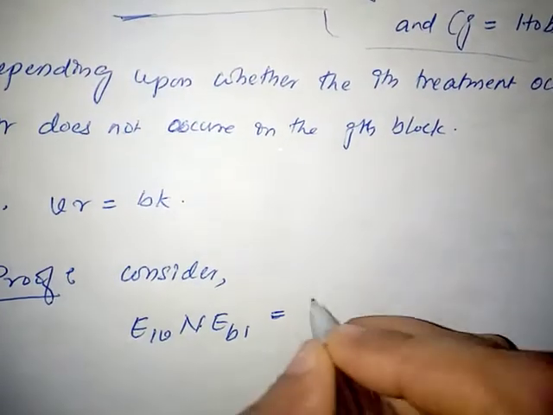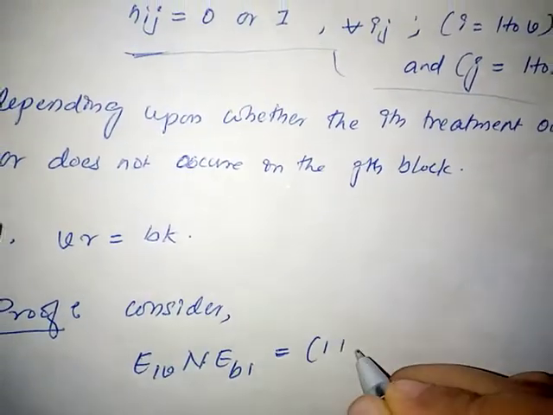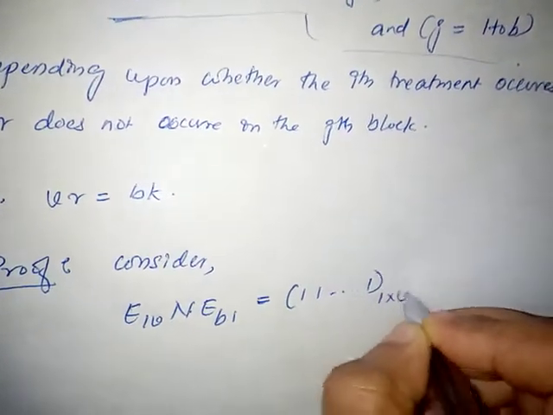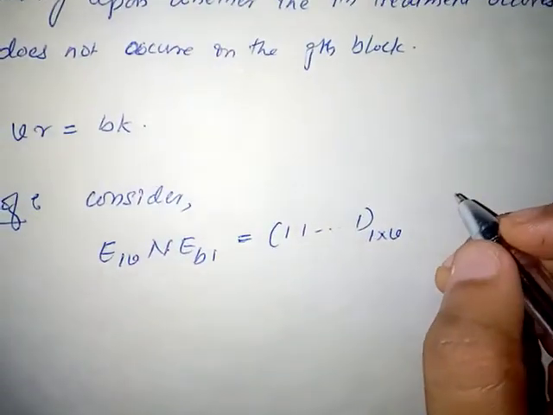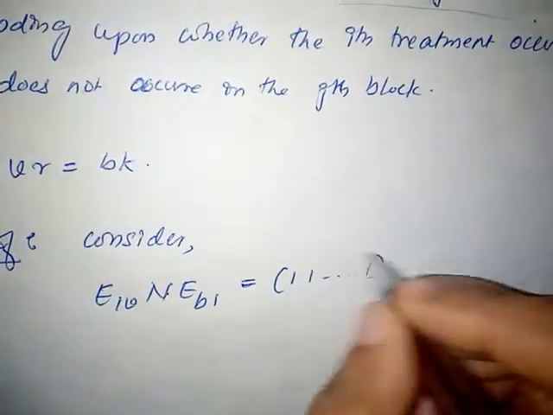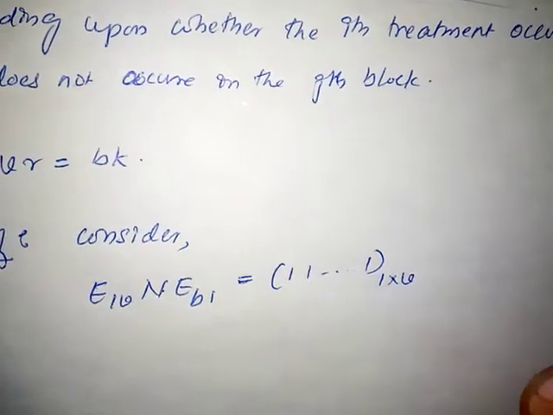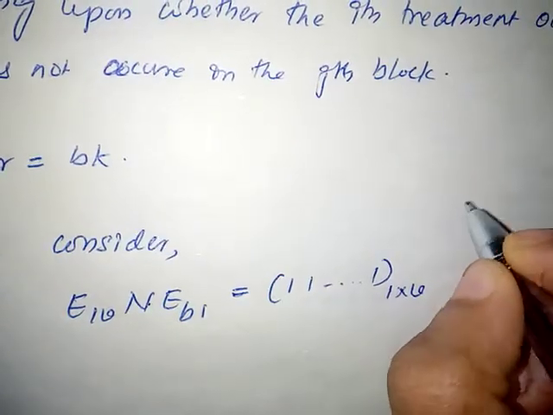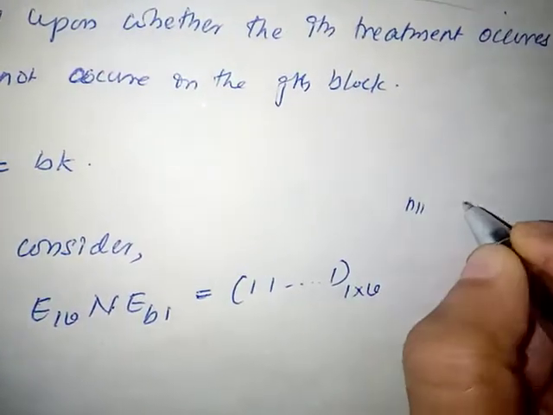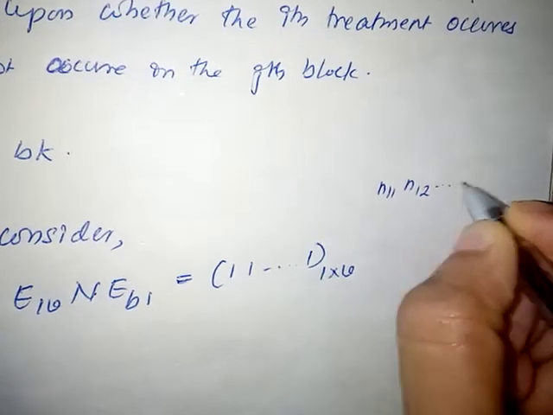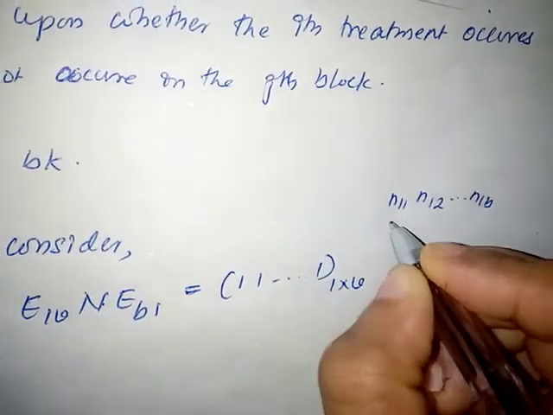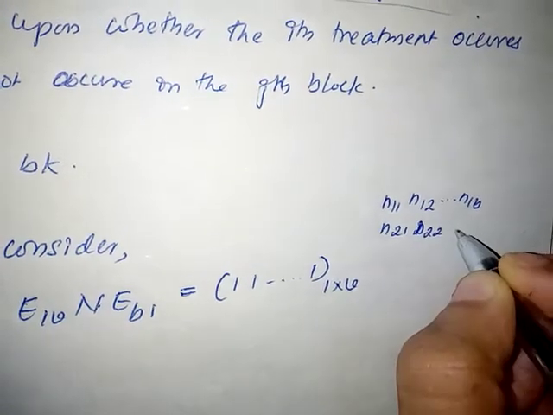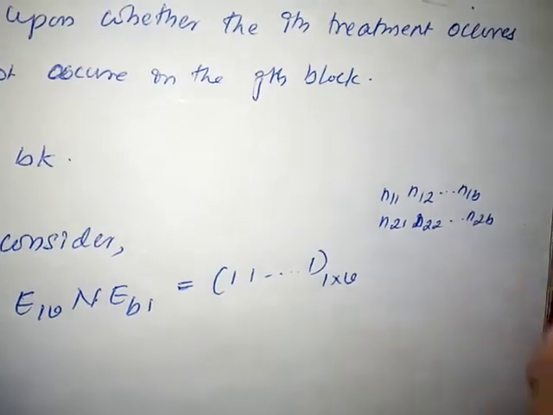e1v equal to 1, 1 so on, 1 is a row vector of order 1 cross v. Then N, the incidence matrix, is N11, N12 so on N1b, N21, N22 so on N2b.